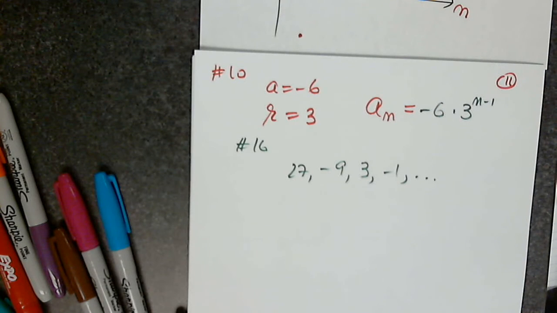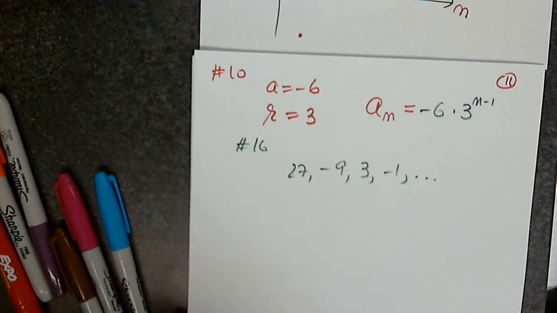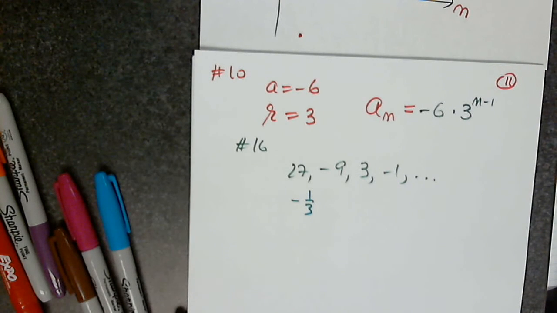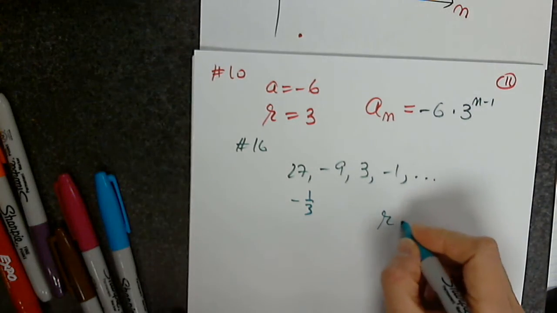So what do I multiply the first term by to hopefully get the second term? What will I multiply negative 9 by to hopefully get the third term? Negative 1/3. What do I multiply 3 by to get the fourth term? Negative 1/3.